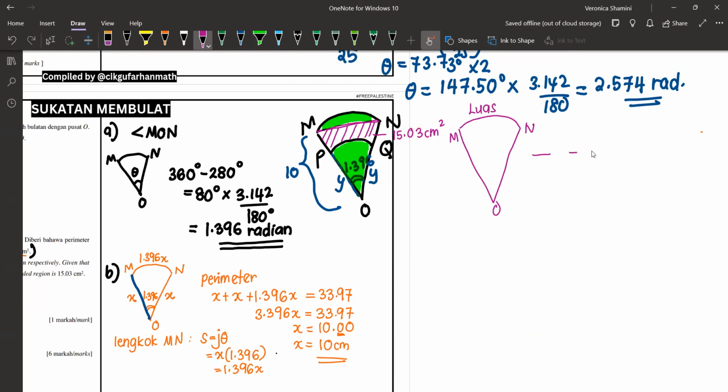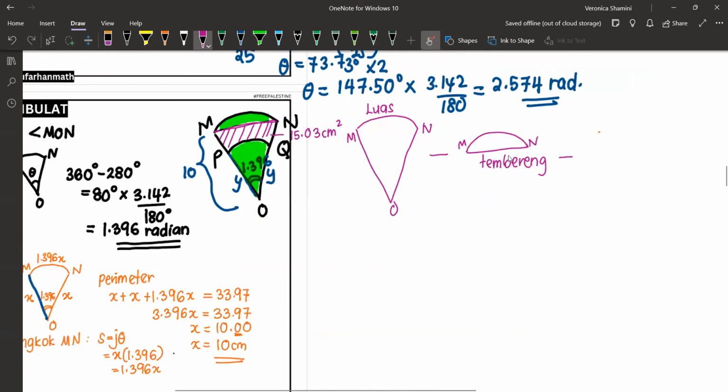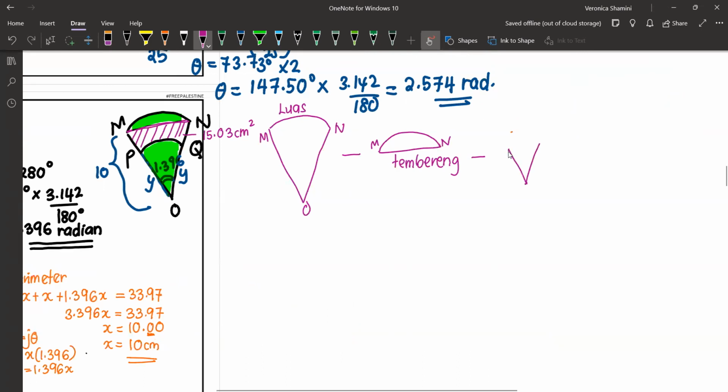We tolak with tembereng. Okay. Tembereng. This is segment. The segment MN. And must tolak with the sector POQ. Luas sector.